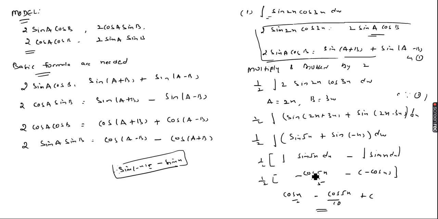Integration of sin 5x is minus cos 5x by 5, and integration of minus sin x is cos x. Simplifying, we get cos x by 2 minus cos 5x by 10, since 2 into 5 is 10.